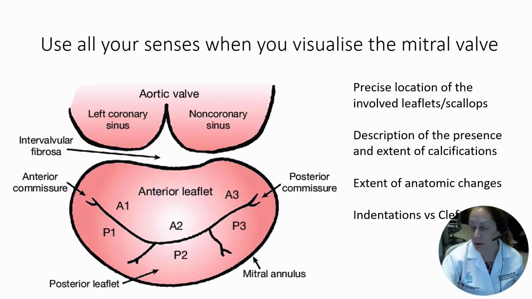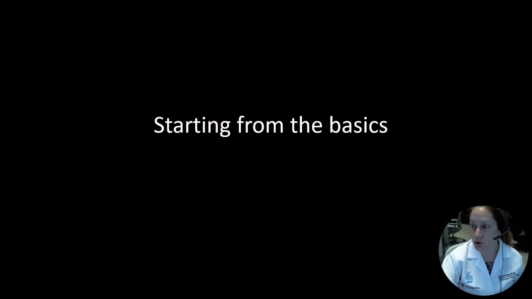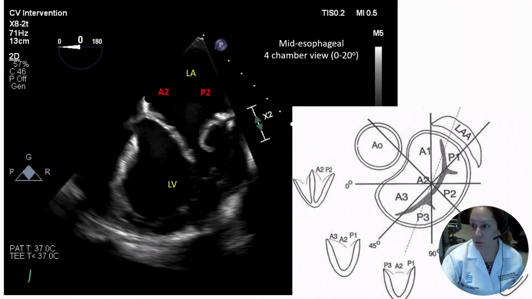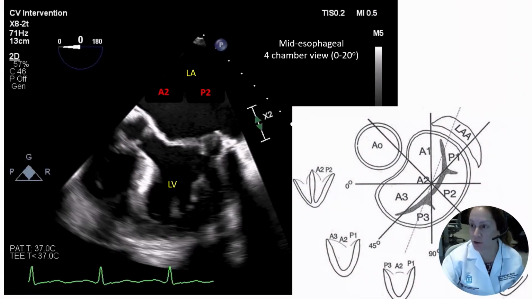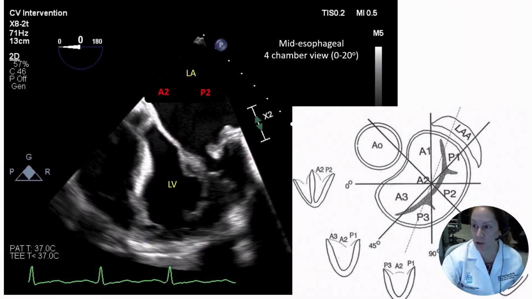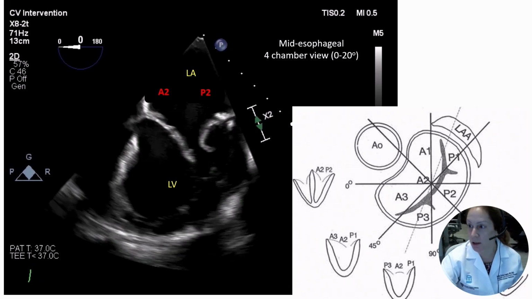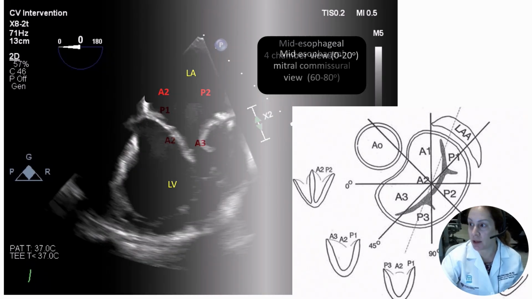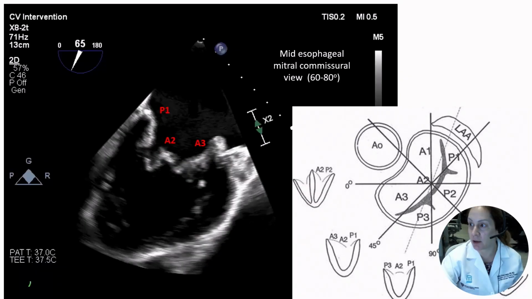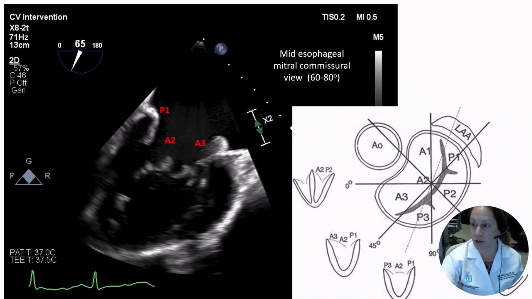Starting from the basics, when we do the TEE, first we get the mid-esophageal view, where we usually see the A2 P2. It's important to get the measurements for the LV and also the left atrium, and it's a first image to assess the etiology of the mitral regurgitation. Then moving to the mitral commissural view, which is very important, at 60 degrees we usually see P1, A2 and A3.